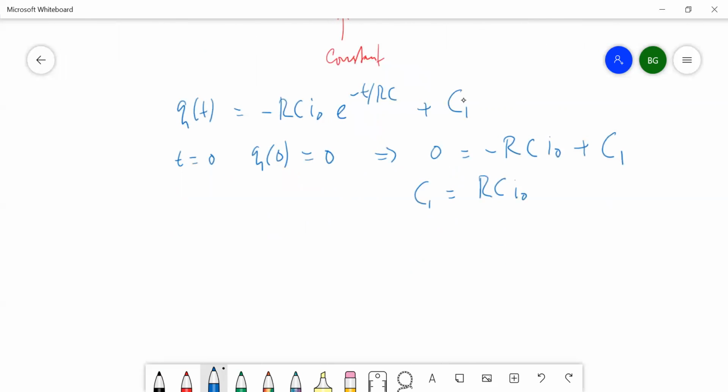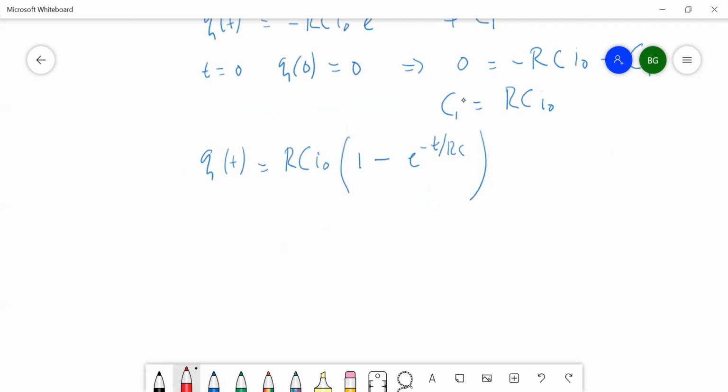We get Q(t) equals RC I0 times 1 minus e to the minus t over RC. This is Q maximal.